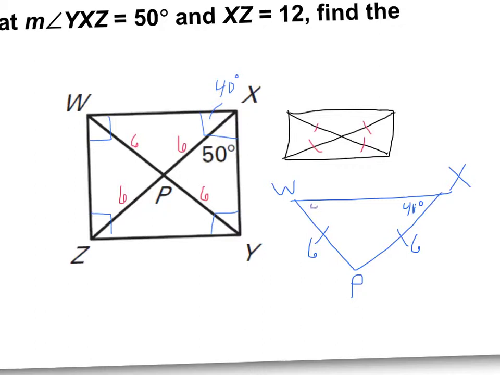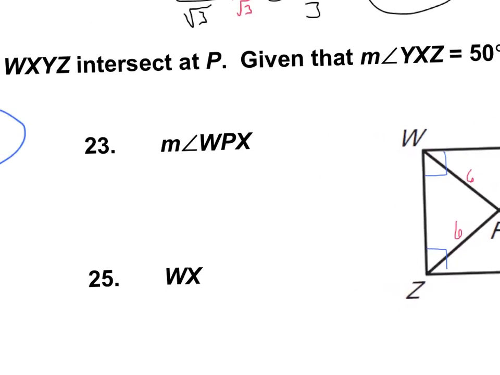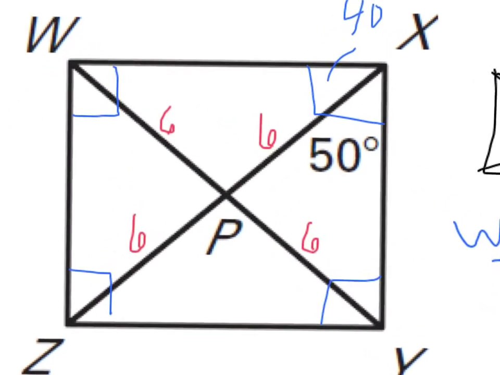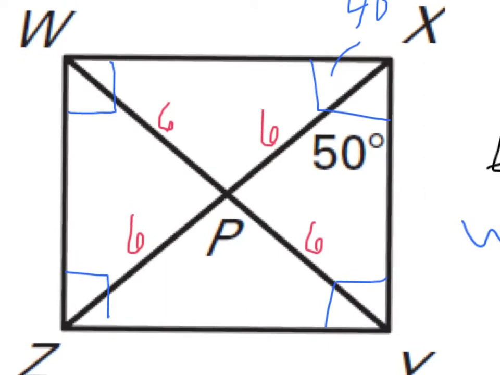That means this angle will also be 40. So if I want to get the remaining angle, I can just do 180 minus 40 minus 40, and you get 100 degrees. So this angle is 100 degrees. If you want to fill that in on your diagram, you can. This is 100. This one would also be 100.